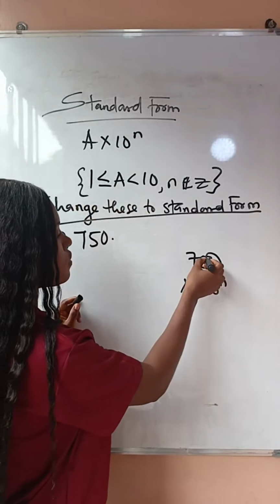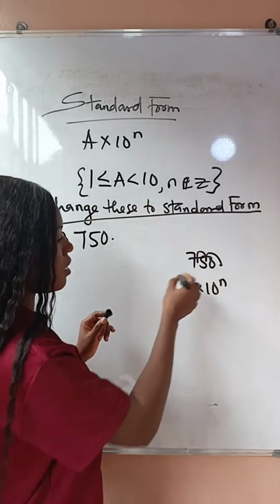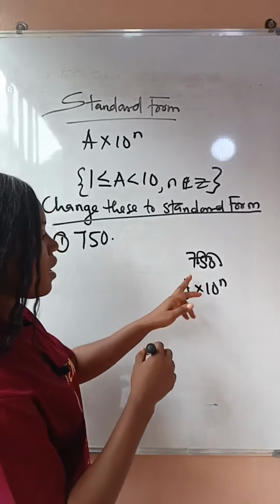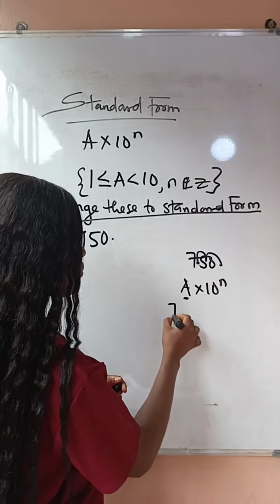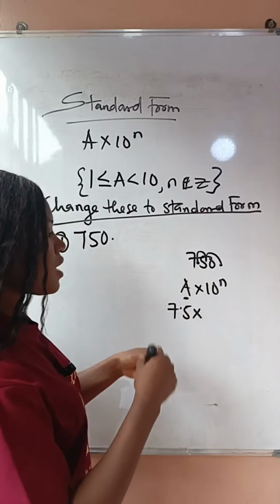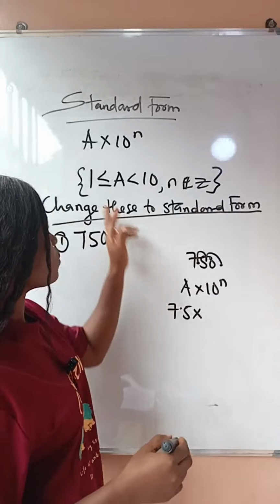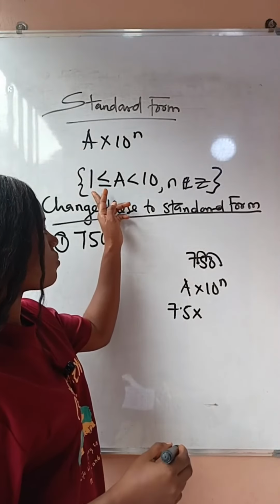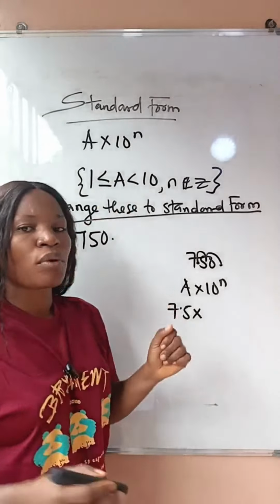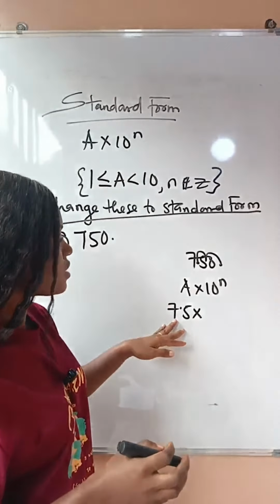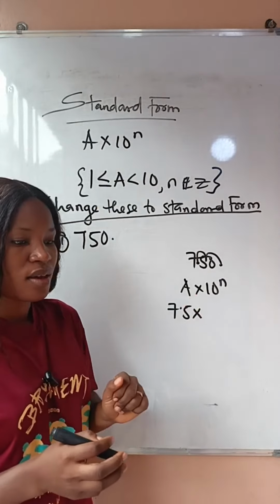So we need to shift this decimal point again. So if we do that, you can see that we now have 7.5. So 7.5, yes, it can serve as our A because 7.5 is between this range. It is from 1 to 10, but it's not up to 10. All right, so we can take 7.5 as our A.